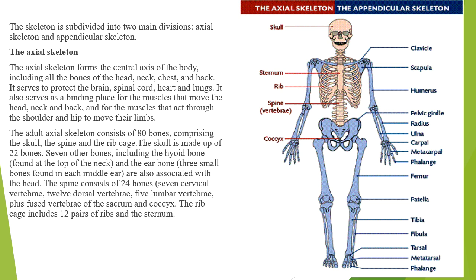The spine consists of 24 bones: 7 cervical vertebrae, 12 dorsal vertebrae, 5 lumbar vertebrae, plus fused vertebrae of the sacrum and coccyx. The rib cage includes 12 pairs of ribs and the sternum.